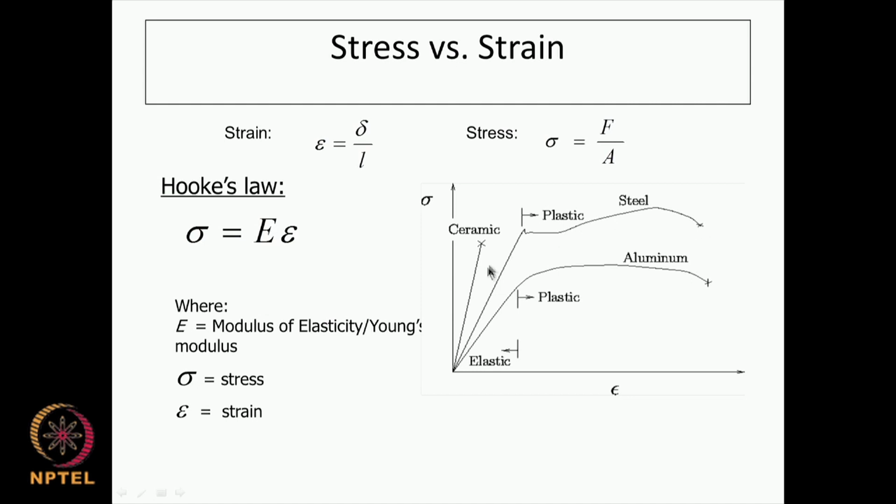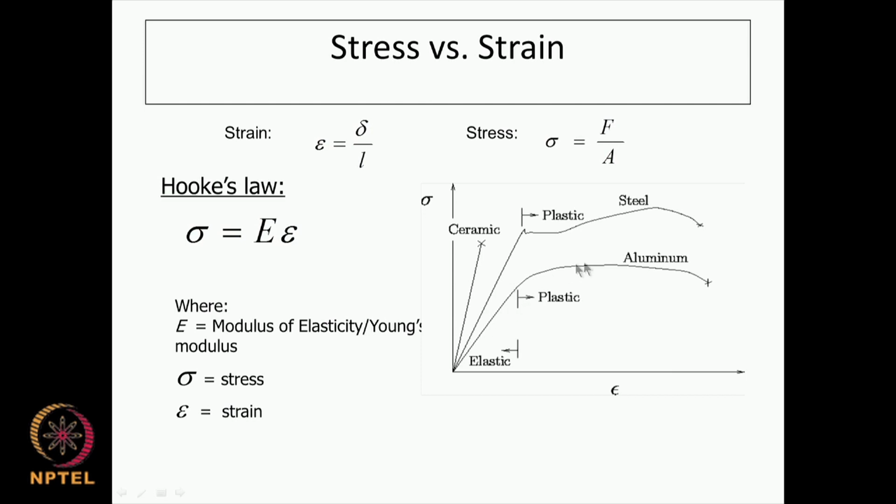This may be for steel, whereas aluminum will have a lesser Young's modulus. So the slope of this graph will be much lower, and then it will have a very large plastic region because aluminum keeps expanding as you keep pulling it.